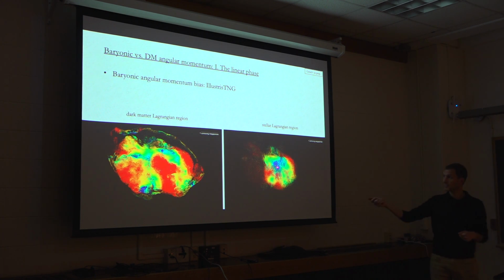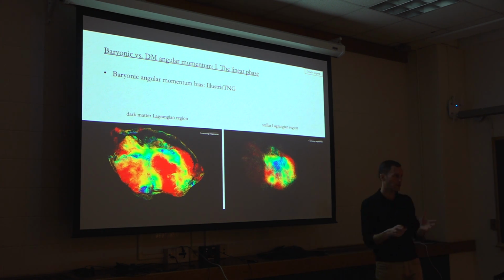So you can clearly see there's some truth in saying that the stars come from the inner parts of the halo, but clearly this is not a spherically symmetric situation, and certainly the stars do not sample fairly the region in the initial conditions from which the dark matter collapses.